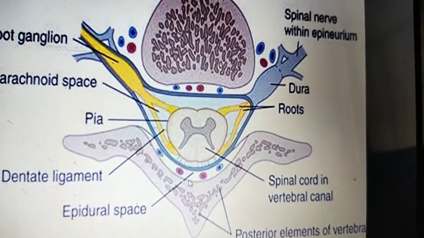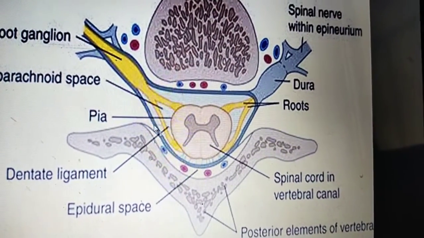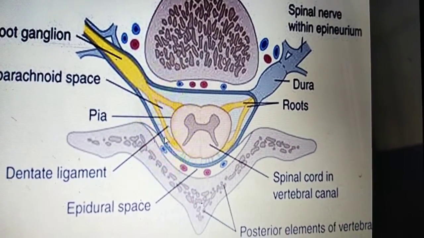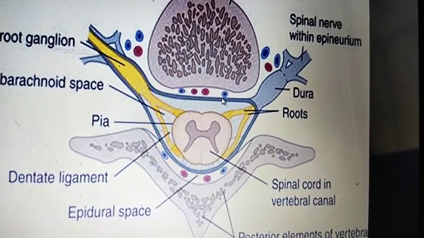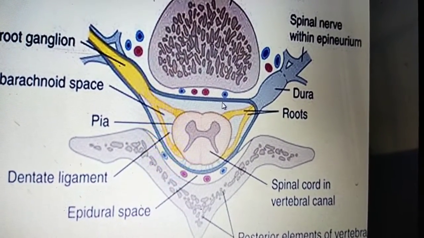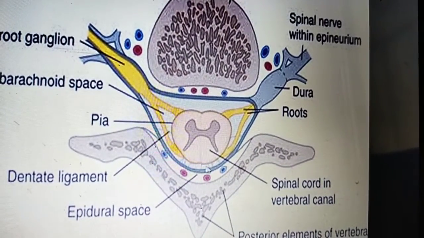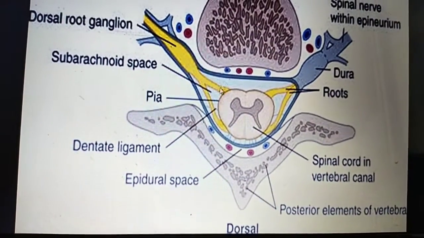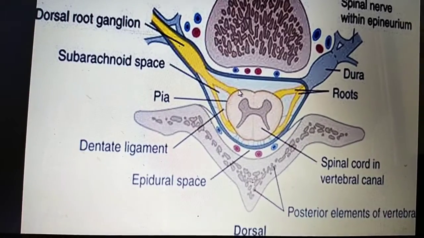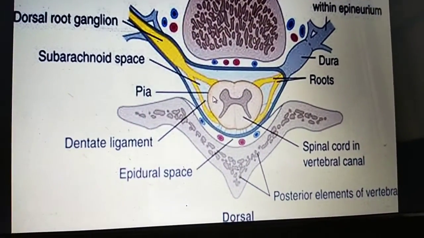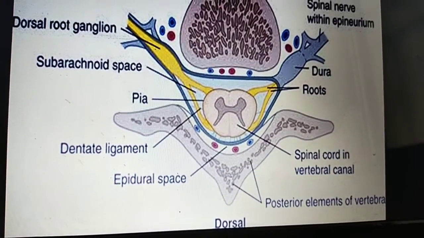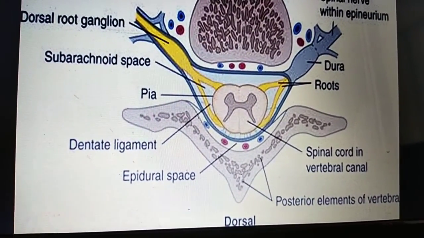Okay, and it will work like a shock absorber, or you can say the cushion, and it protects the spinal cord. And this is the dura mater, this is the arachnoid mater, and this is the pia mater. Okay, and this is the space between the arachnoid and pia mater. It is the subarachnoid space, and this is the dorsal, and this is the ventral surface.